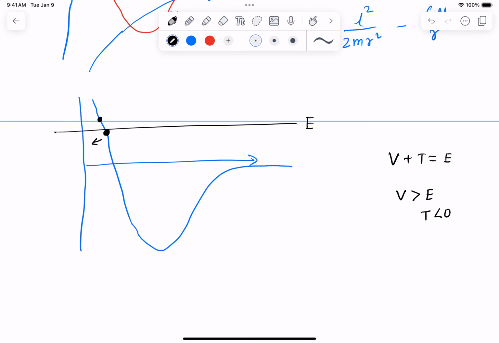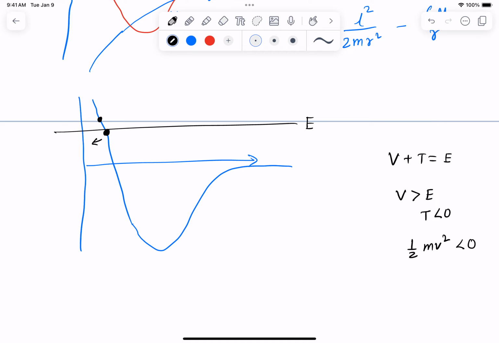But that is not possible, because kinetic energy is half m v square, a v square term, and v cannot be imaginary, at least for the type of object we study. If kinetic energy is negative, then v has to be imaginary. So that is not allowed.